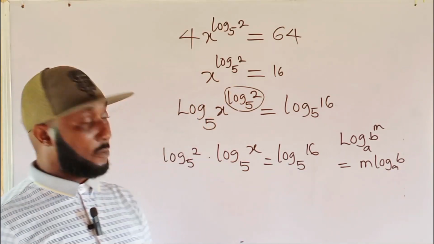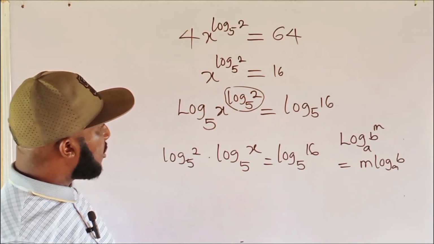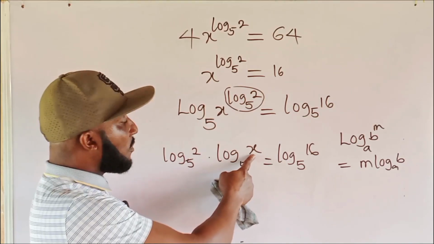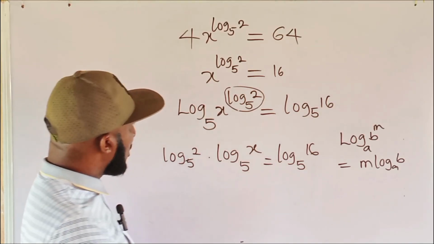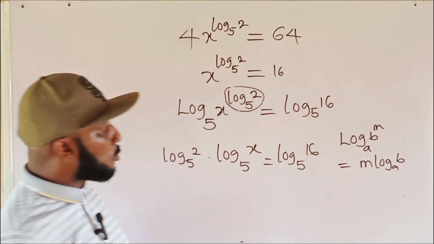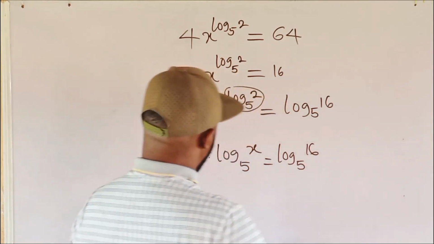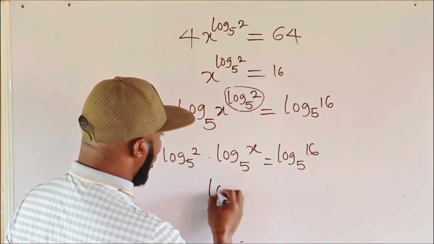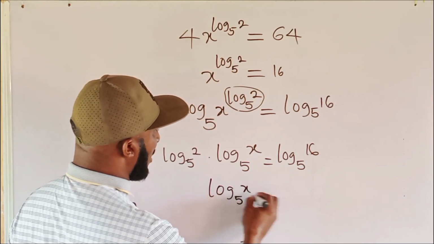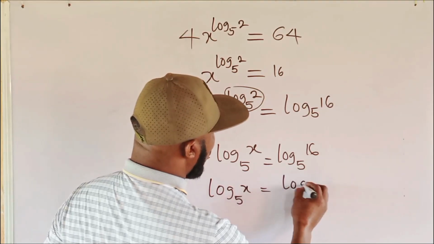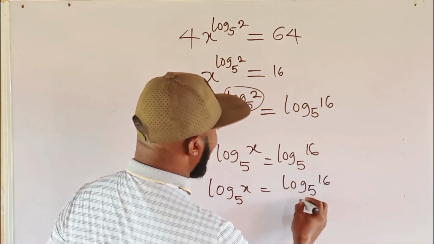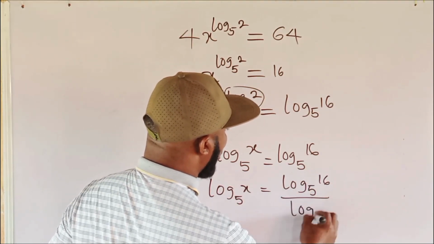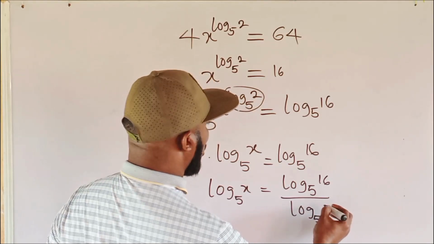So we made progress. What we shall do, because we are looking for the value of s, we can divide both sides by log to base 5 of the argument 2. So we are going to be having log to base 5 of the argument s equal to log to base 5 of the argument 16 divided by log to base 5 of the argument 2.